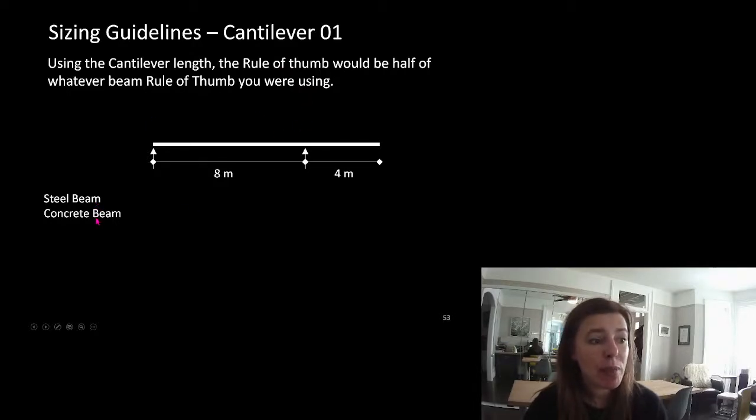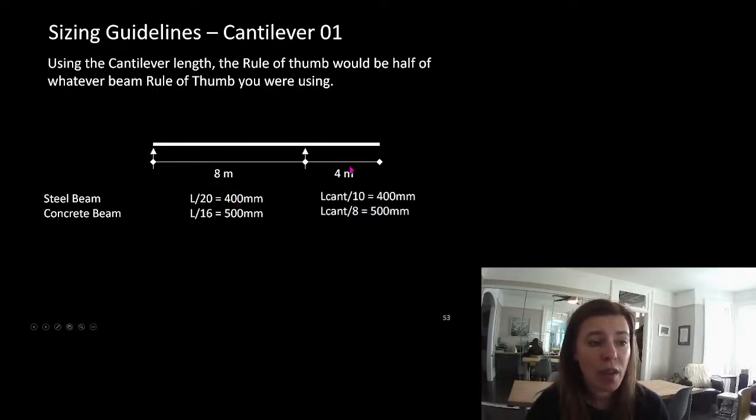So for a steel beam versus a concrete beam, 8 meters is our backspan and 4 meters is our cantilever. It would be a 400 deep steel beam or a 500 deep concrete beam, or a 400 deep cantilever steel and 500 deep cantilever for the concrete. So this could be a uniform element all the way through.